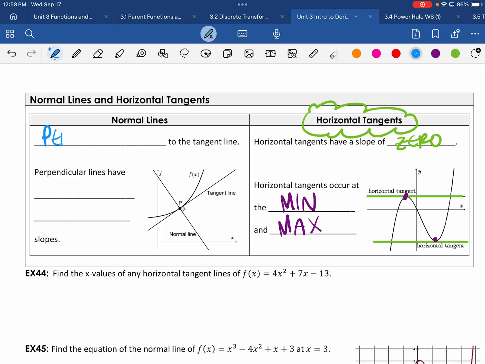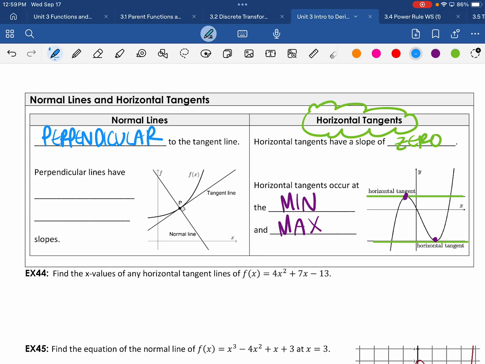This is perpendicular every time to the tangent line. Yep. So normal lines are perpendicular to the tangent line. When you are applying this to physics, the tangent line is kind of like your friction force, and the normal line would be your gravitational force. But like I said, you don't actually see normal lines on the AP test for calculus.